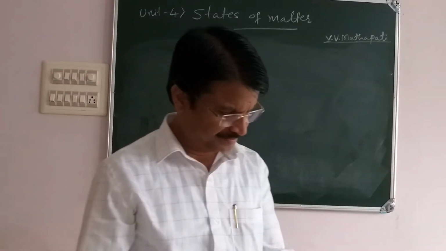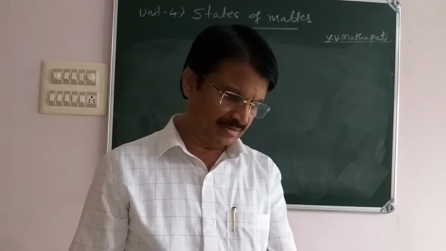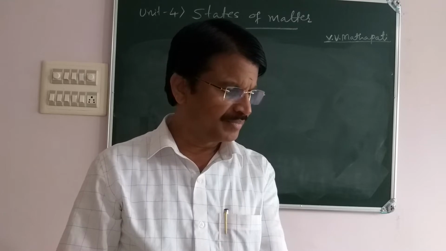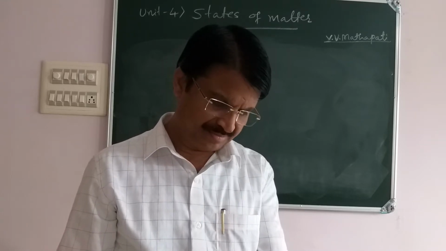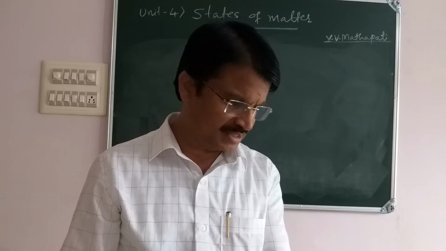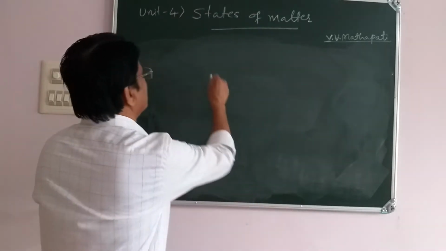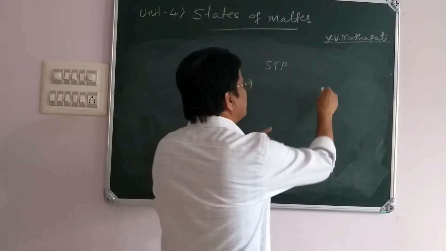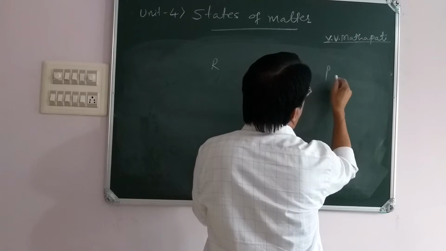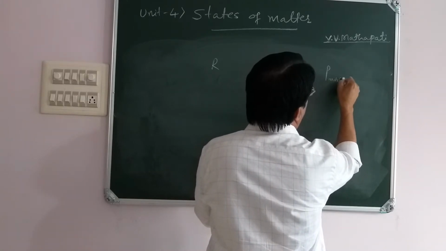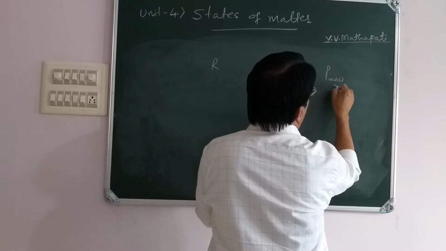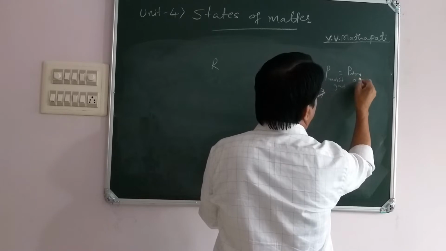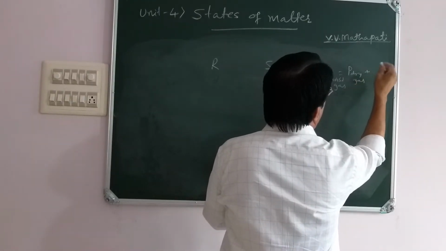Compressibility factor, then Amagat curves, all the formulas, Graham's law, then value of R in SI unit, STP conditions, and one more: pressure of moist gas equals pressure of dry gas plus aqueous tension.